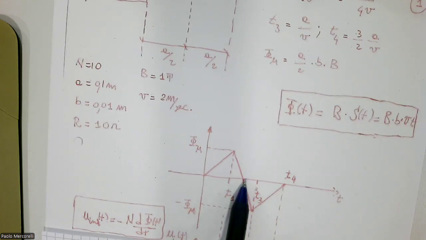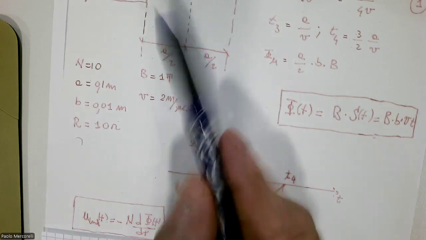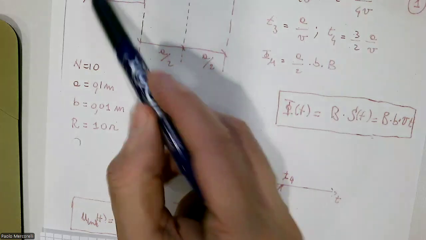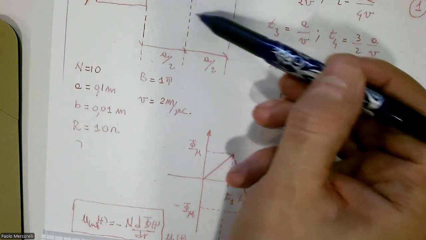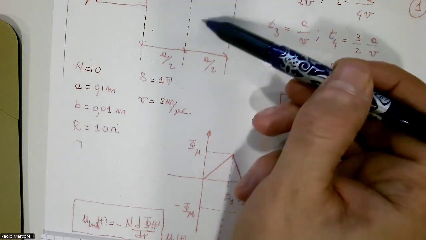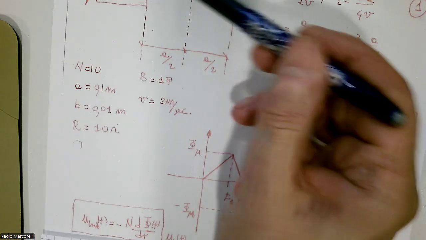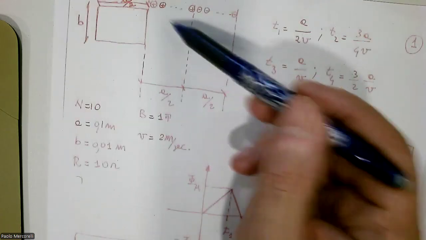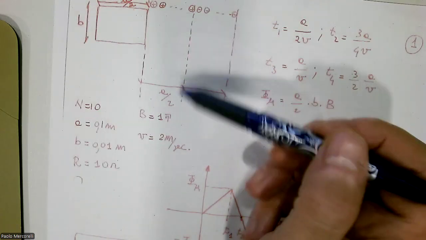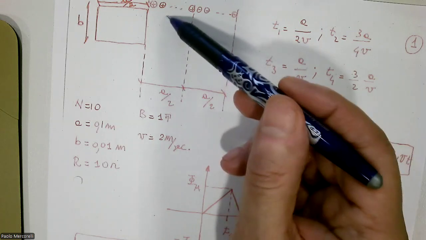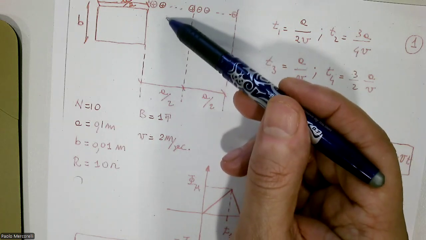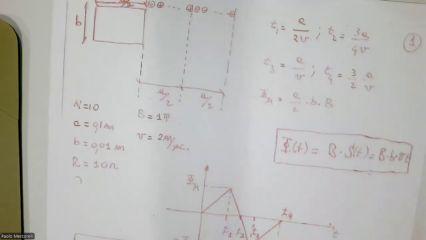In order to calculate more precisely, look, when we have this point t2, in which the flux is zero, the geometric surface is in the middle. I don't know if you can figure out that half of the coil is in the negative part and half of the coil is in the positive part.